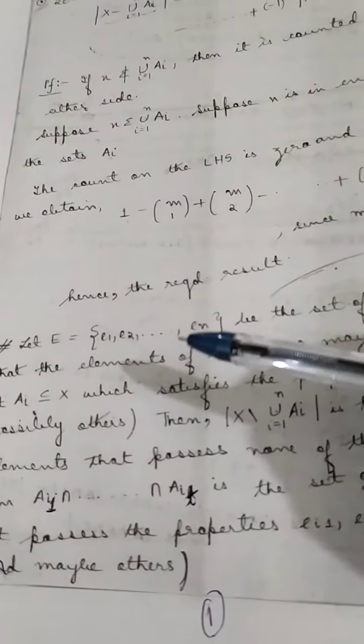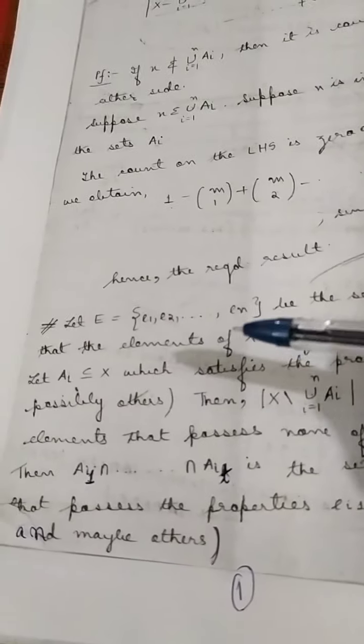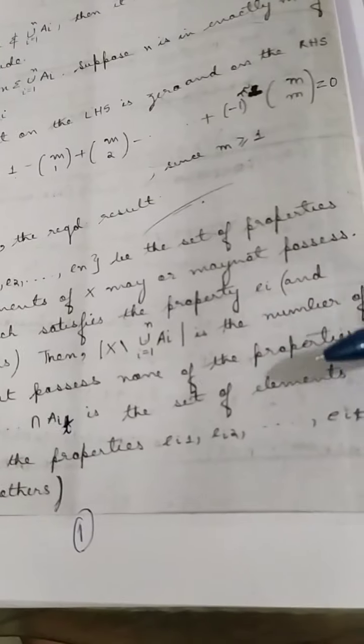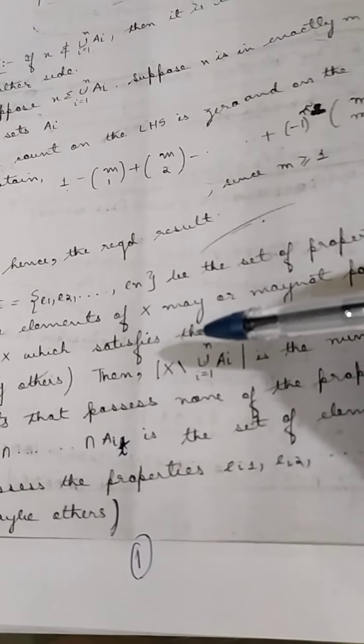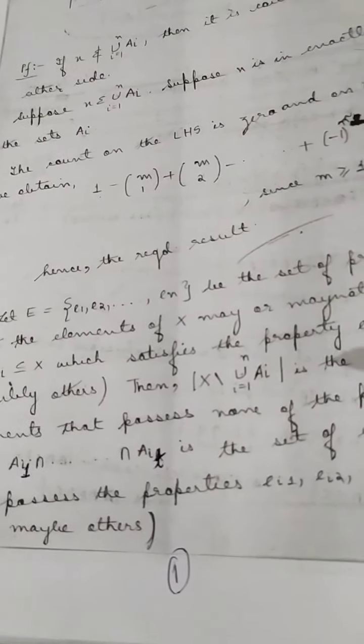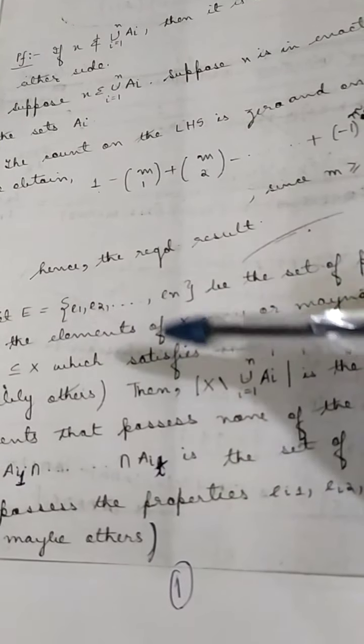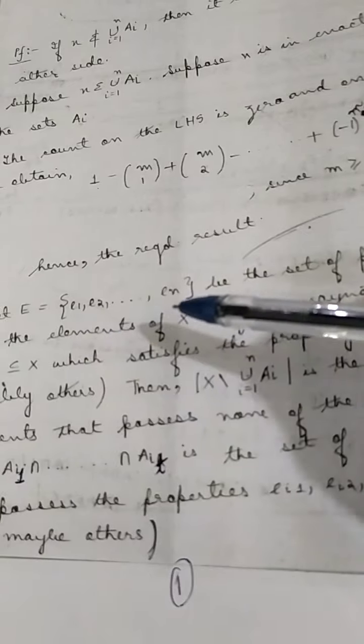It is true. So what does it imply? This implies the number of elements which don't satisfy any of these properties.